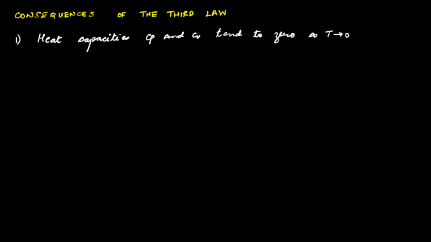So to understand this, let's consider that entropy S is a function of temperature and some other independent thermodynamic variable X. For example, X could be pressure or the specific volume. And let's just look at the entropy per unit mass, so let's just consider the specific entropy and specific properties.